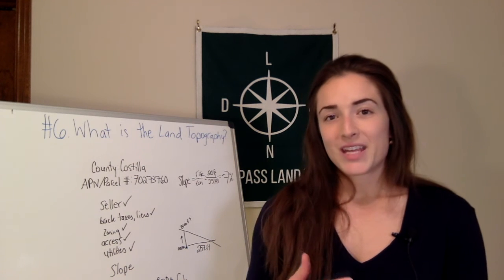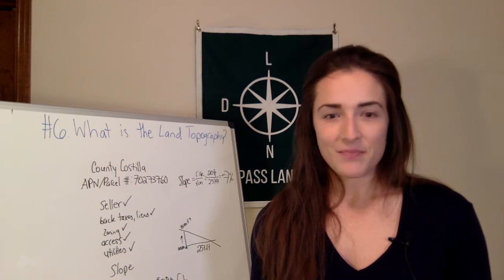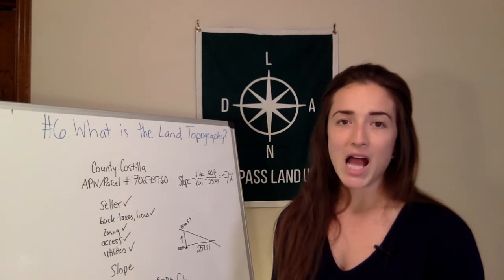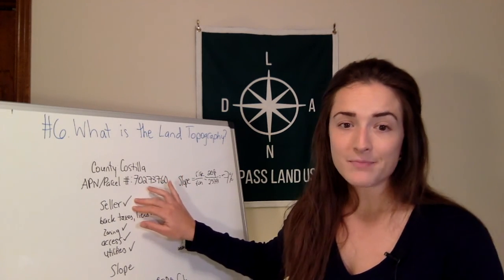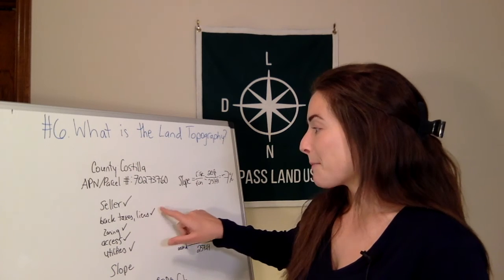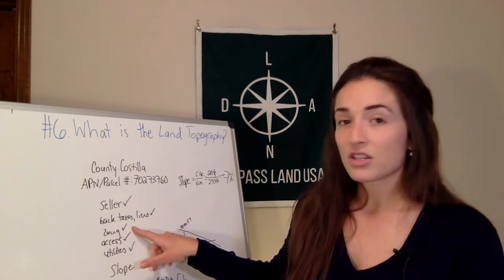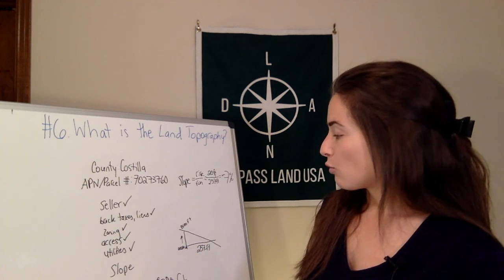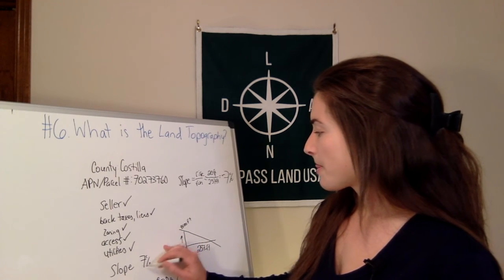Okay, so I hope you found this information helpful. That brings us to the end of our video series on land buying due diligence questions. So we covered the most important question, the one question you need to ask before moving forward with any land purchase is who owns the property. Then we went on to check the back taxes and tax liens owed against the property. We checked the zoning, road access, utilities, and we just finished checking the elevation and the slope.